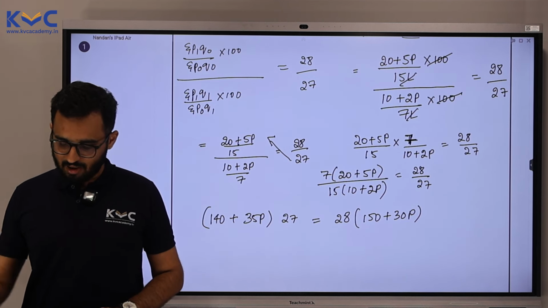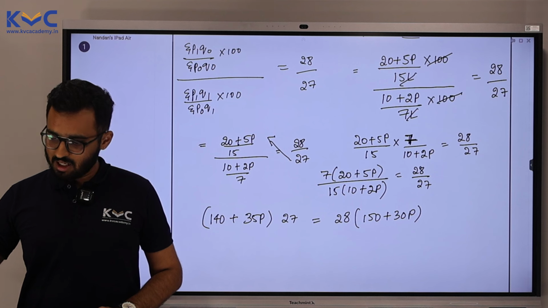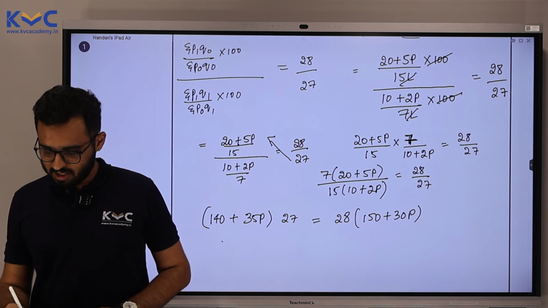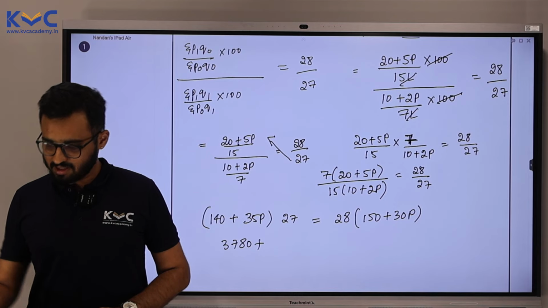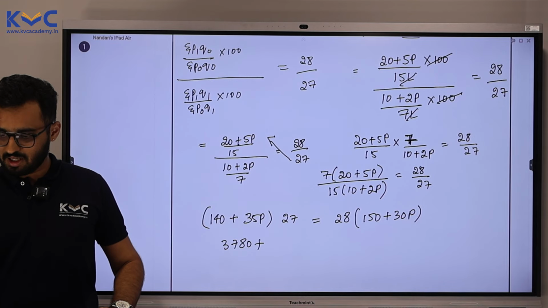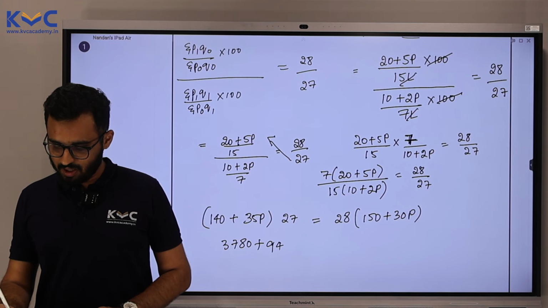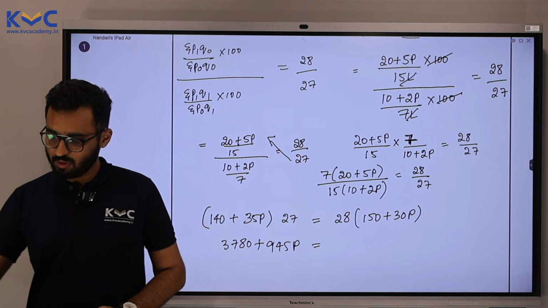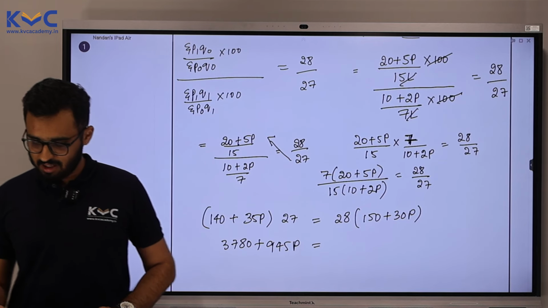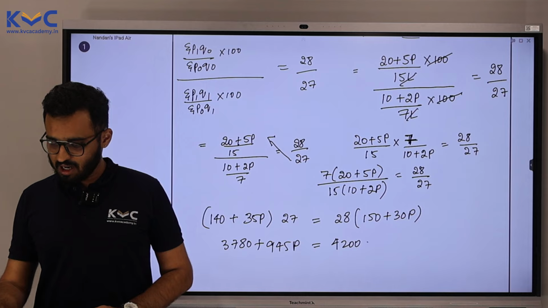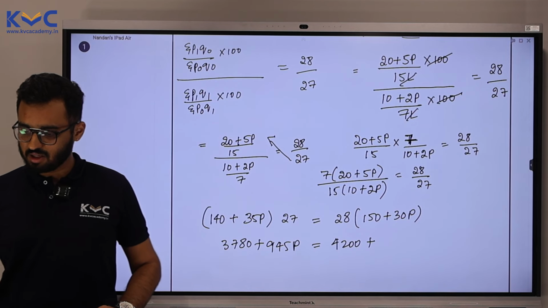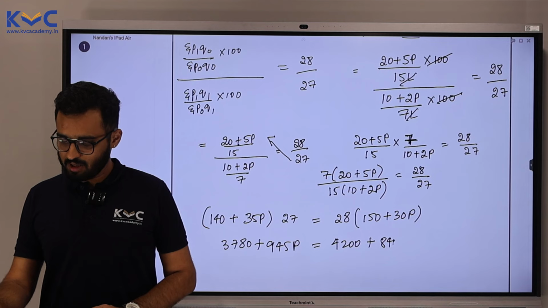Right? So now I have 140 into 27, which is 3780, plus 35 into 27 is 945p, is equal to 28 into 150, 4200, plus 28 into 30p, which is 840p.